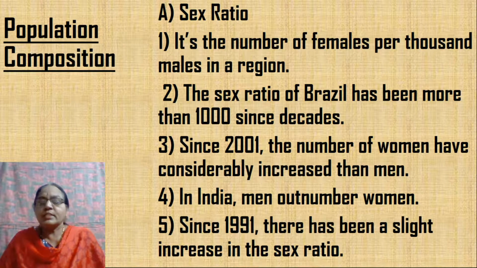If you take the sex ratio of Brazil, we find that for decades it has been more than 1,000. Since 2001, the number of women has considerably increased compared to men. But in India, the number of males is more than females.